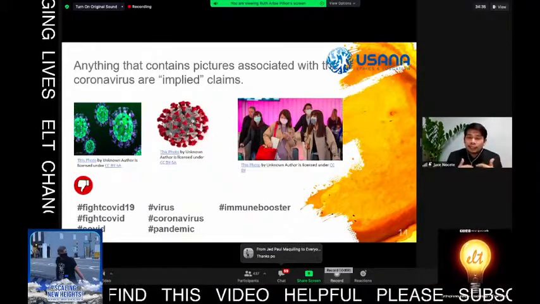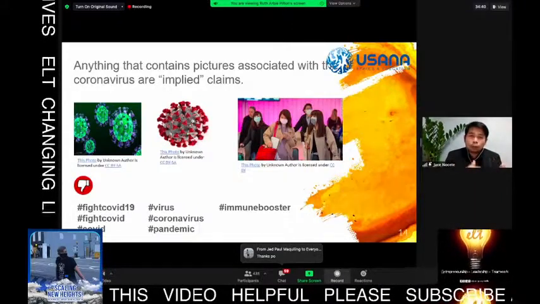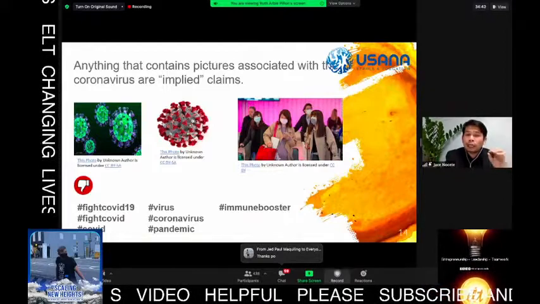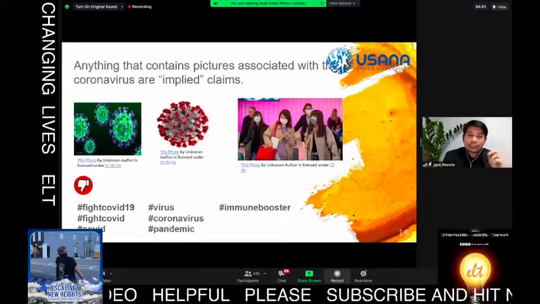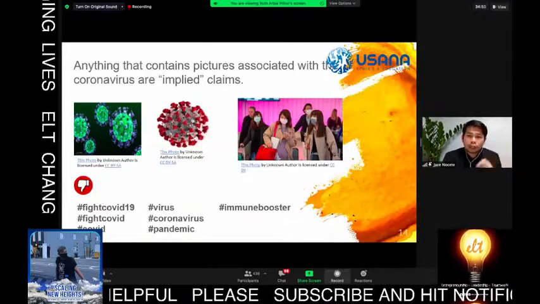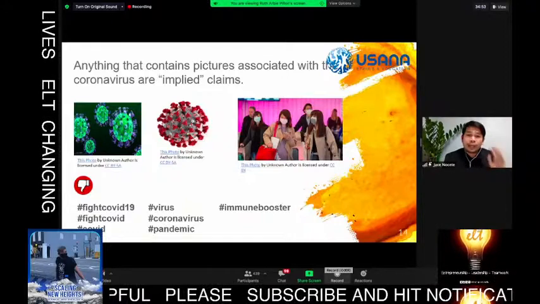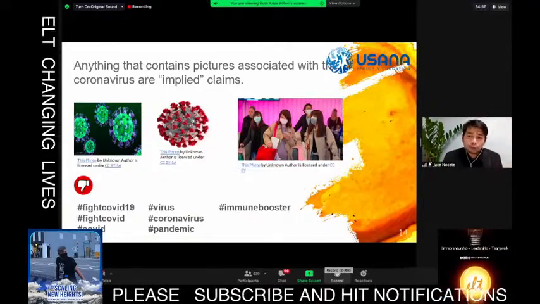Na kahit hindi natin nilalagay that our products are being utilized for the treatment or cure of COVID-19, pero nakalagay ang mga terms na to, these are implied claims. And this will still fall under the category of drug claims. And this is something na hindi natin ginagawa when it comes to promoting our products here in USANA.